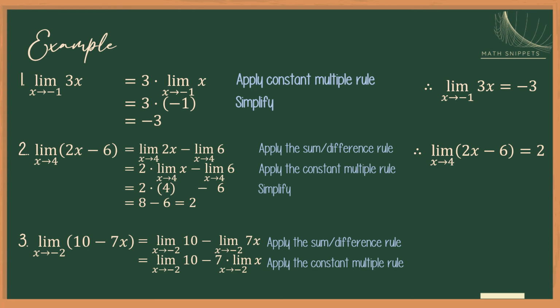The limit of 10 as x approaches negative 2 is 10 minus 7 times the limit of x as x approaches negative 2. So we get 10 minus 7 times negative 2, which is 10 plus 14, or 24. So the limit of 10 minus 7x as x approaches negative 2 is 24.